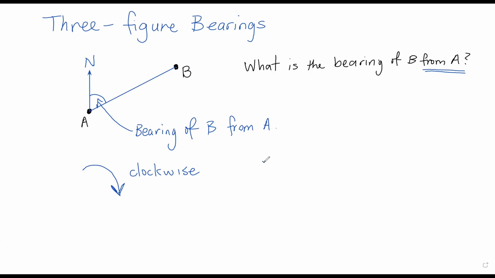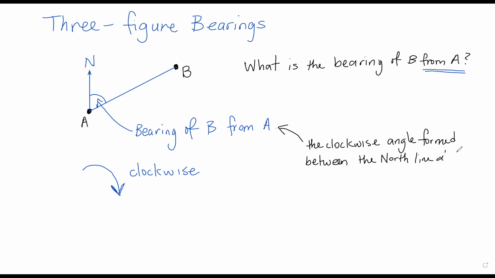So we are looking at the clockwise angle between the north line at A and the line connecting A to B. That will be the bearing of B from A. So the bearing of B from A is the clockwise angle formed between the north line at A and the line AB.